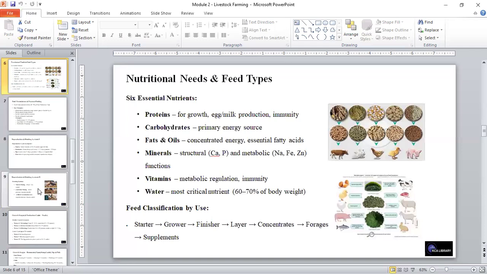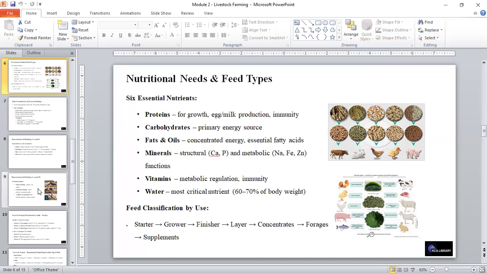Move to nutritional needs and feed types. The six essential nutrients needed for animal growth are mostly the same as for humans. Number one is protein. Protein is needed for growth, for milk and egg production, and also for immunity. Carbohydrate is needed as a primary energy source.